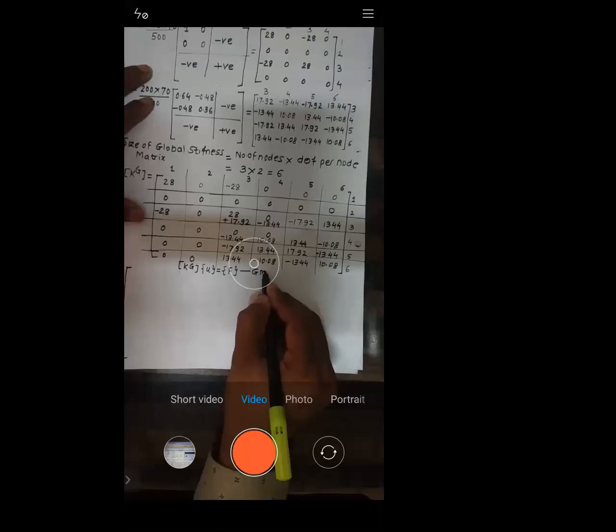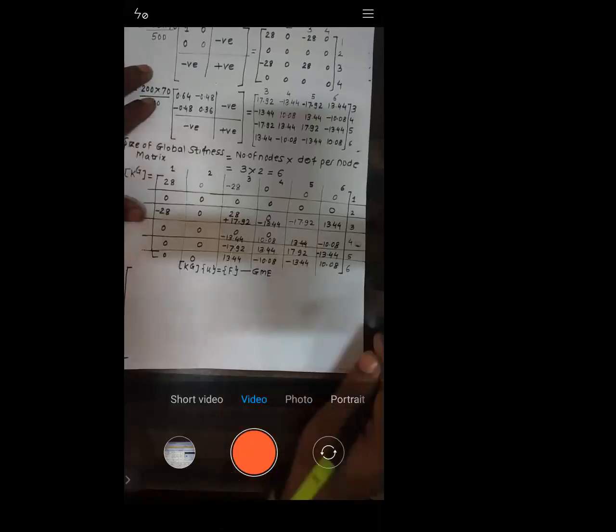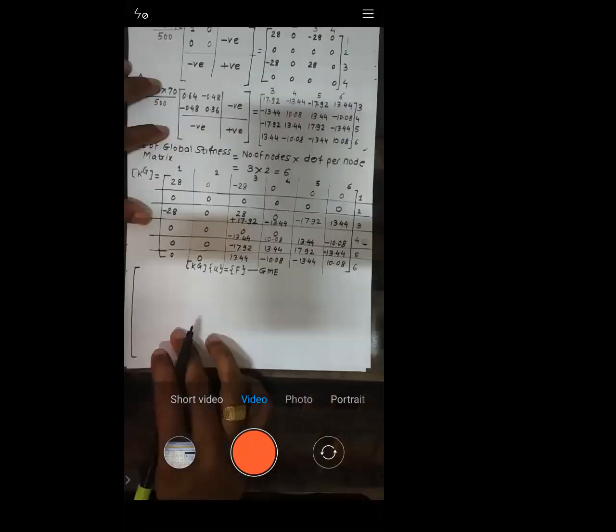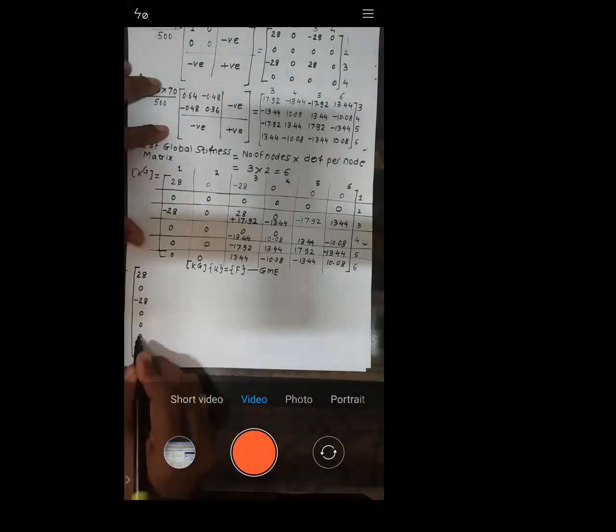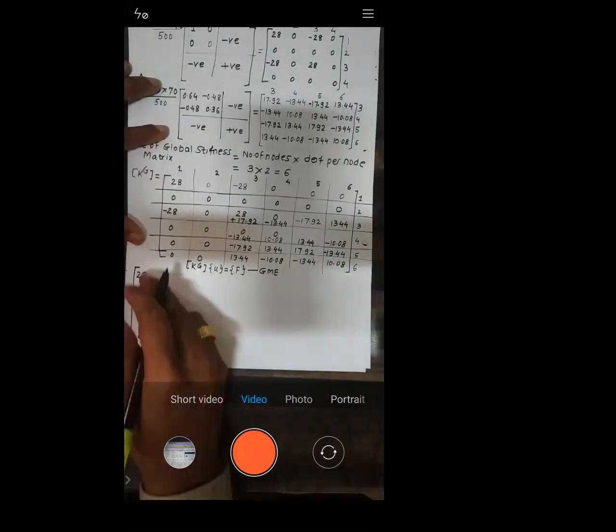So I'll write here 28, 0, minus 28, 0, 0, 0. Next row: 0, 28, 0, minus 28, 0, 0.